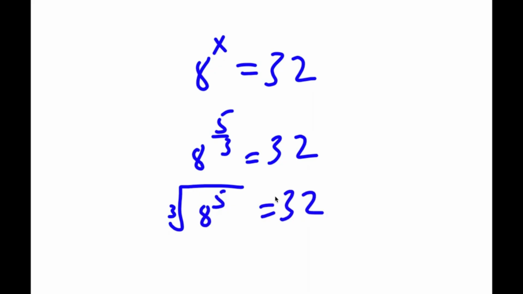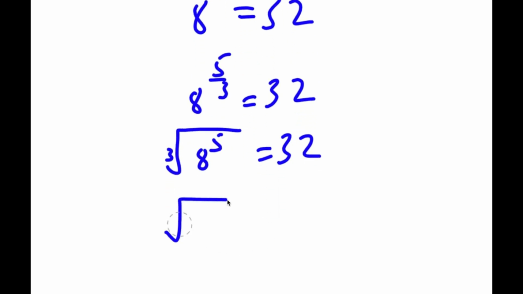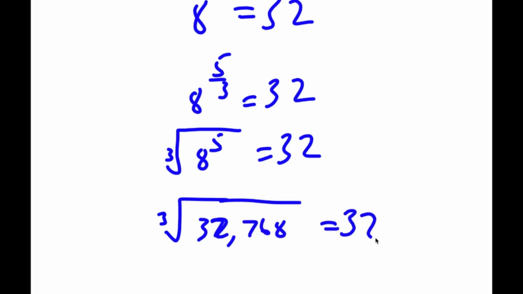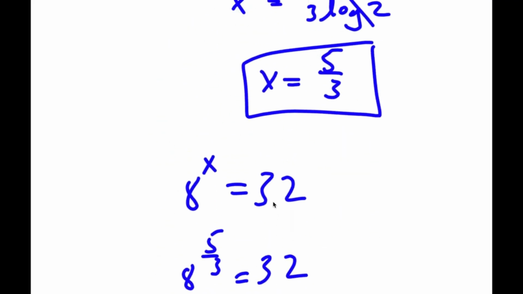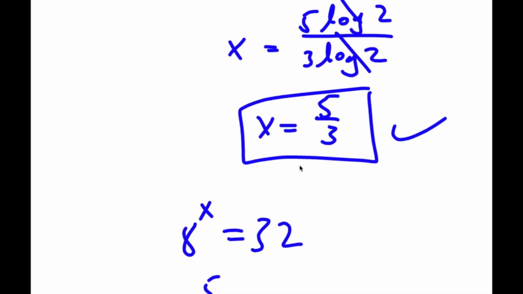Now for a to the power of 5, I can plug that into my calculator here, 32,768, and the cube root of that is 32. So 32 equals 32, meaning x equals 5 over 3 is right.